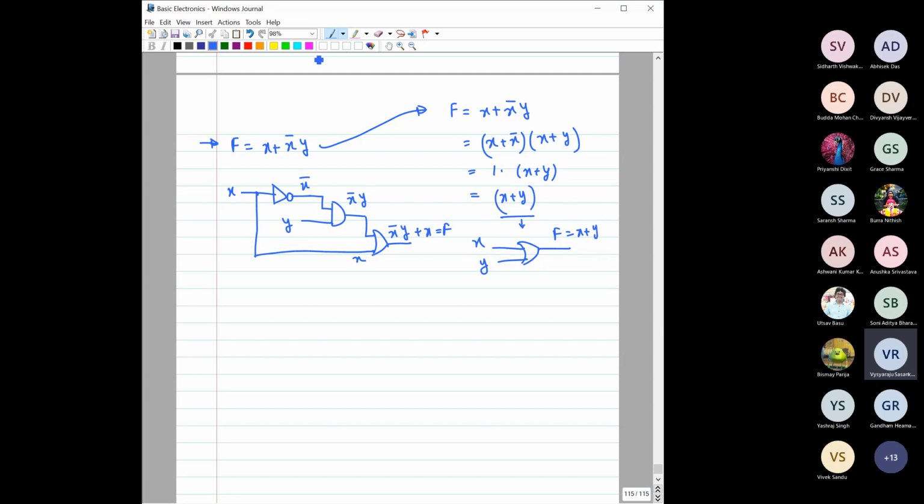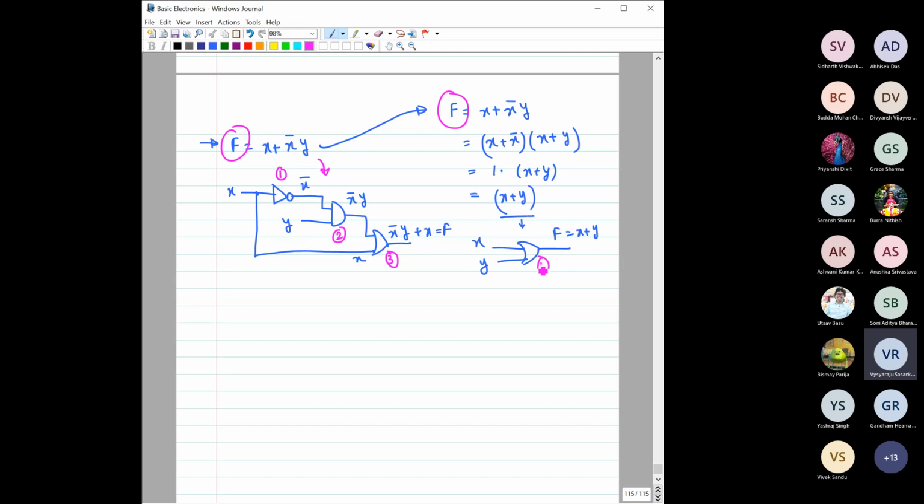So here we have learned that this function and this function are the same, right? But implementing this using the first technique, how many gates do you need? 1, 2, 3 gates. Here you need only one gate.